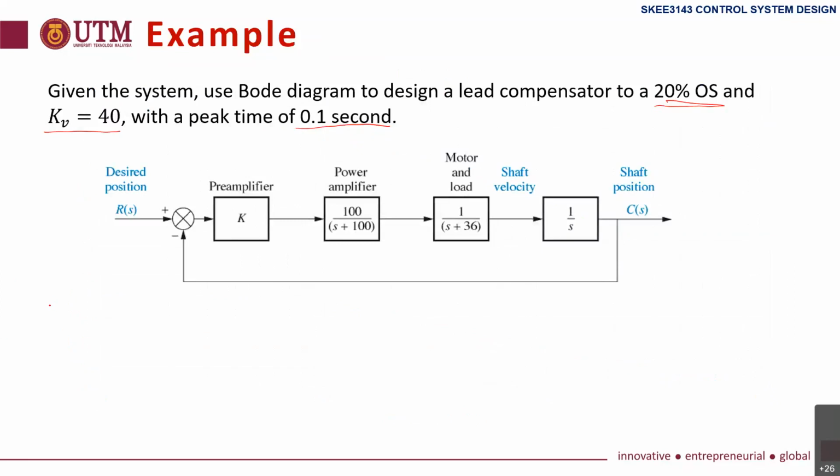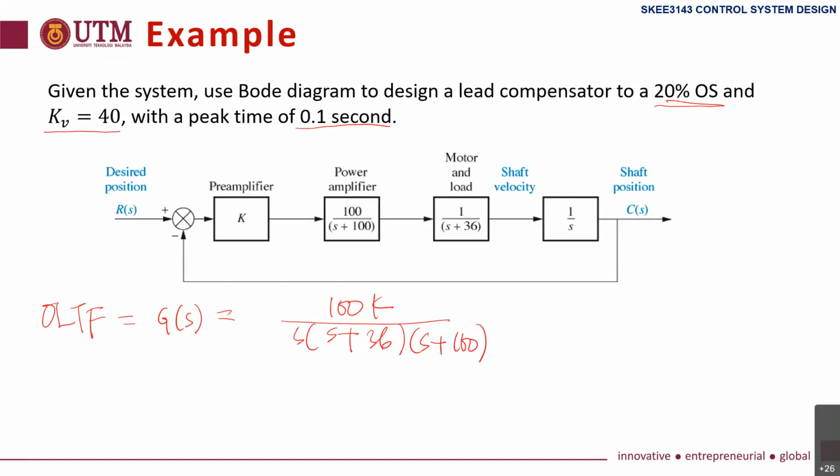The open loop transfer function here is G(s) equal to 100K over s plus 36, s plus 100. That is the open loop transfer function by multiplying all blocks here. If we want Kv of 40, we know that Kv is the limit as s goes to 0 of sG(s).